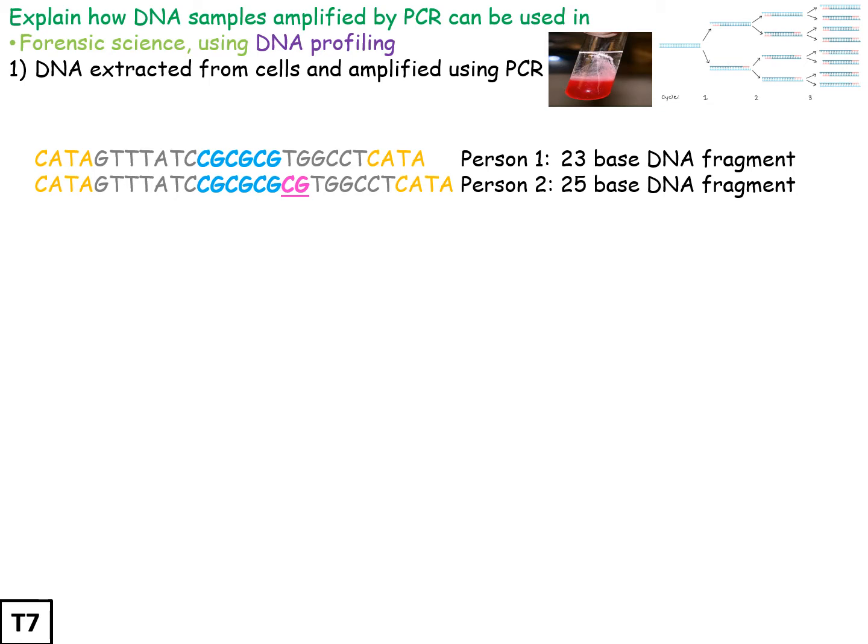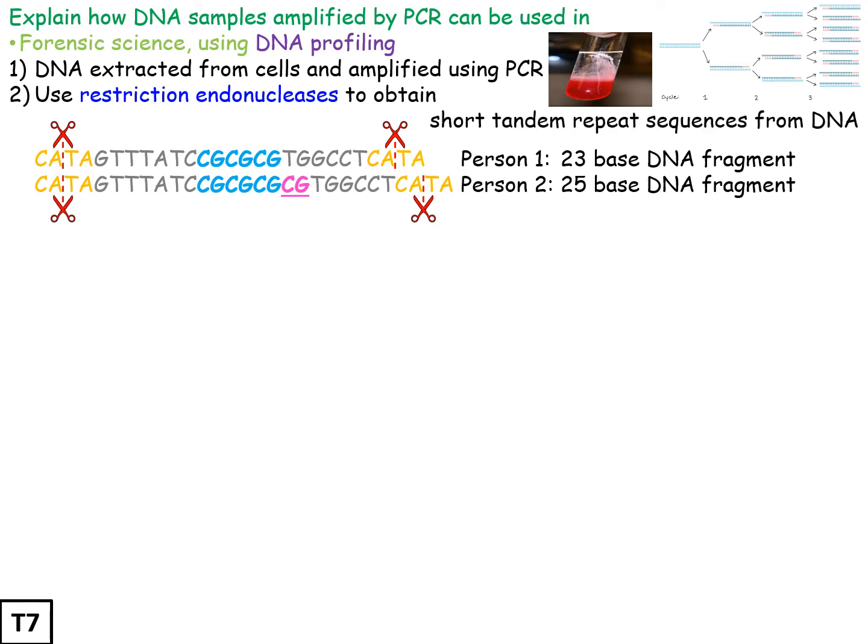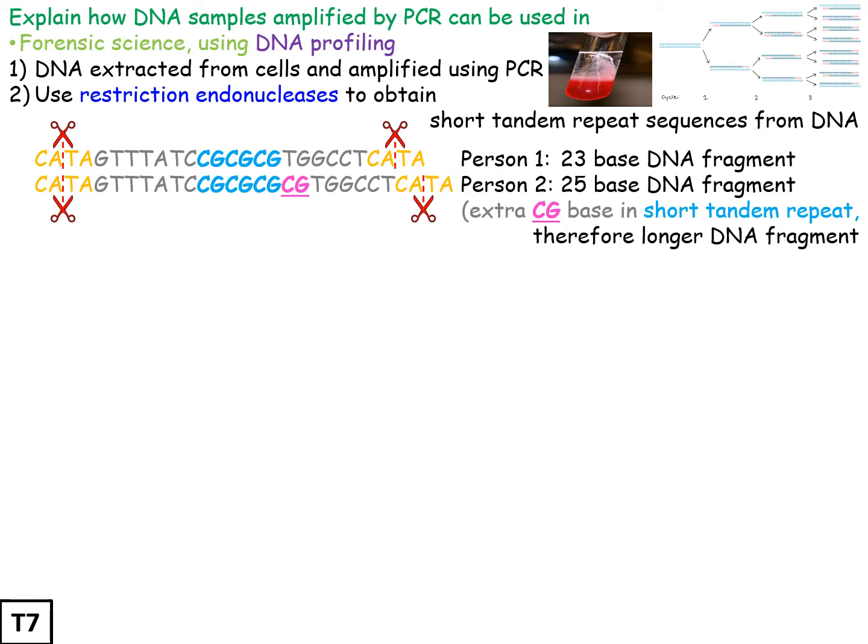In this case, person 2 has got a longer DNA fragment because when you cut the DNA using restriction endonuclease enzymes, you obtain short tandem repeat sequences from DNA. You can see in person 2 they've got an extra CG repeat, and the reason is that their short tandem repeat is longer, therefore they're going to produce a longer DNA fragment, and that's how you can tell the difference between two different people by looking at their DNA.